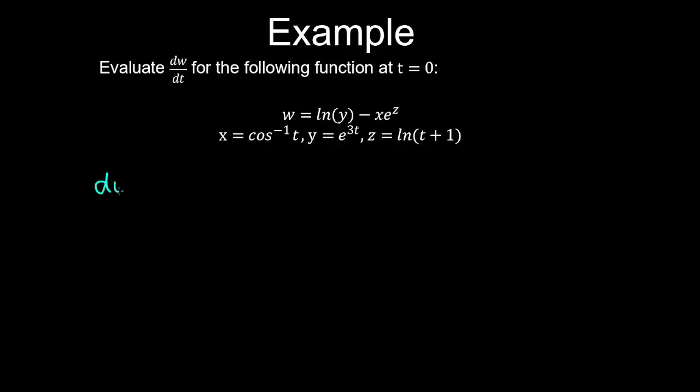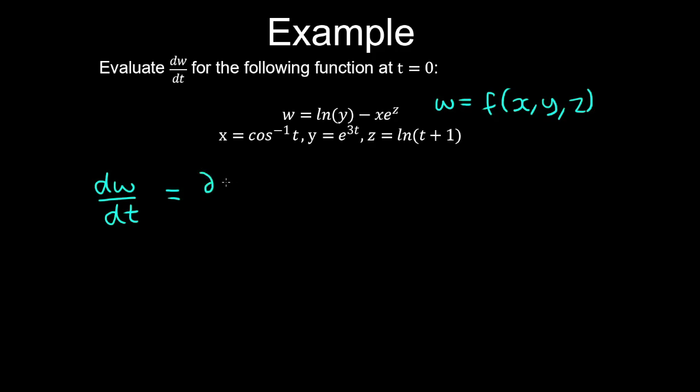Evaluate the derivative of w with respect to t for the following function at t equals 0. So we see that w is a function of 3 variables, being x, y, and z, which are functions of t.